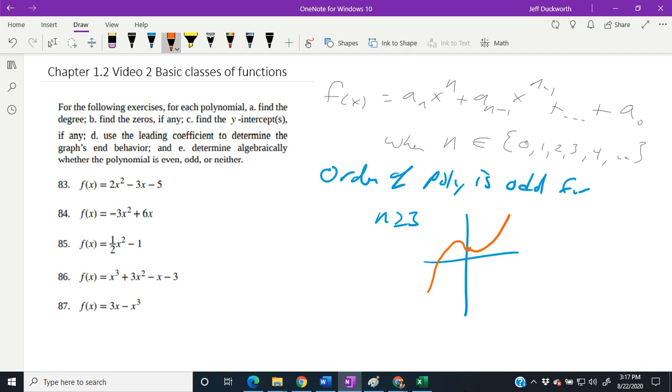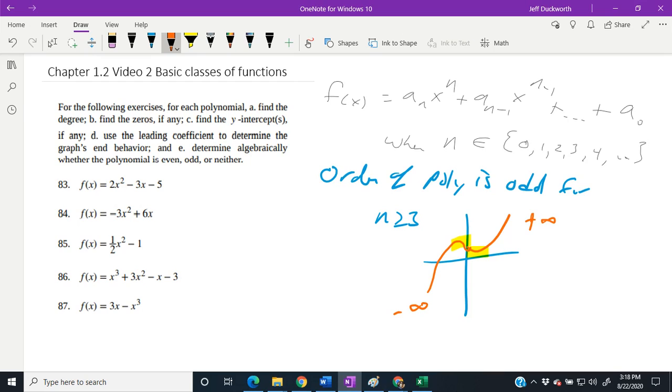The polynomial is going to look something like a cubic. There could be any number of these little bows, but in general, your end behavior starts at negative infinity and goes to positive infinity for the y-axis. And polynomials don't have any problems with domain. The domain for any polynomial should be all real numbers.